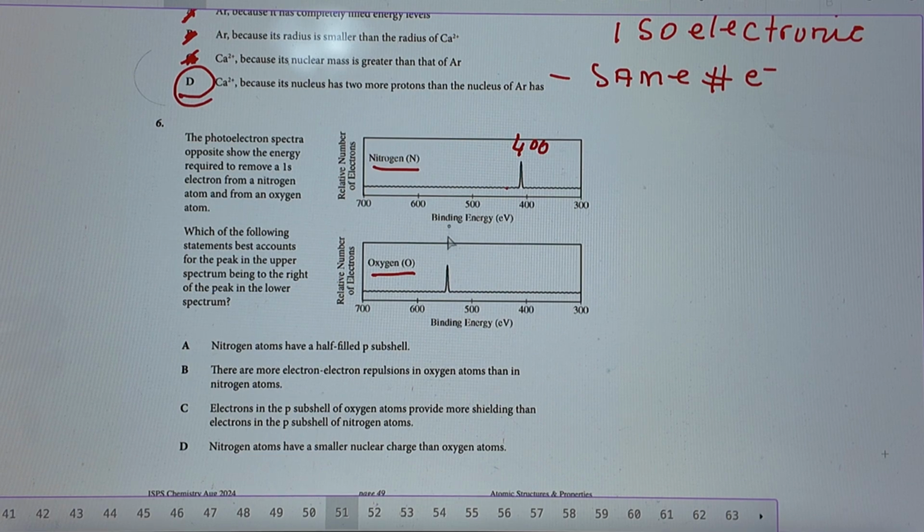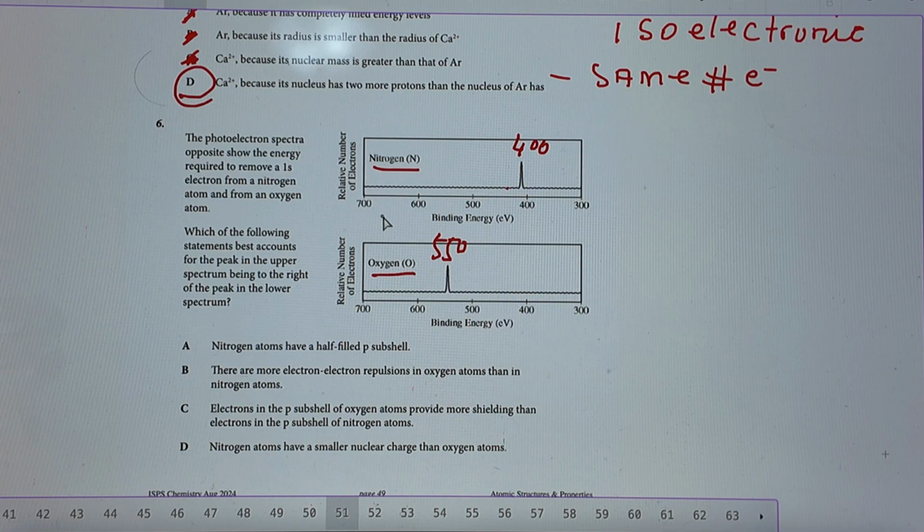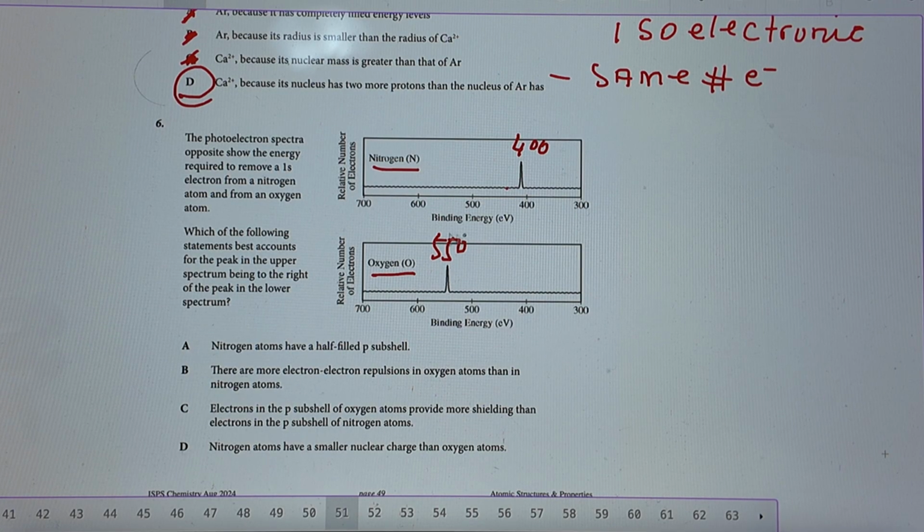And the other one shows about, let's say, 550. Right? So they're saying that oxygen has a stronger binding energy. And so they're asking, which of the following statements best accounts for the peak in the upper spectrum being to the right of the peak in the lower spectrum?